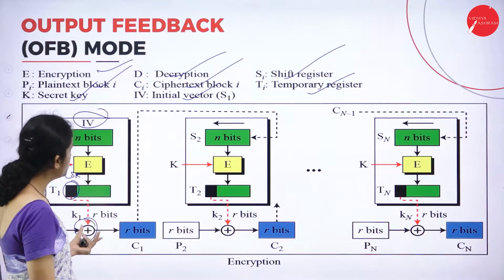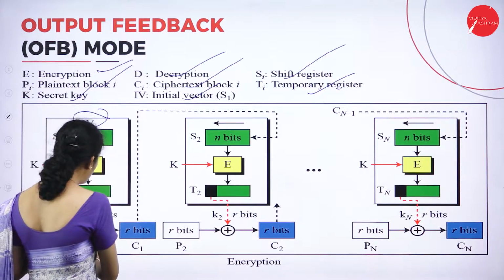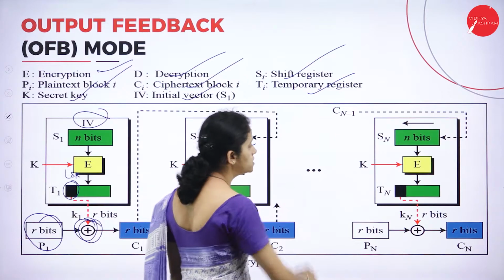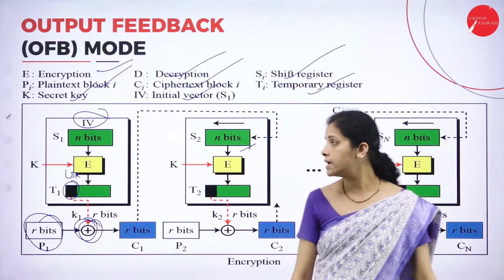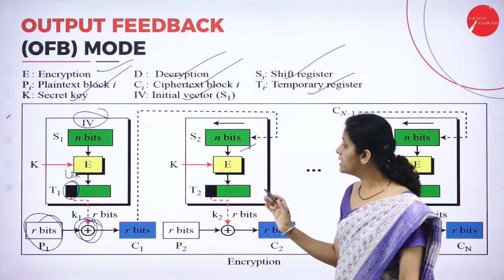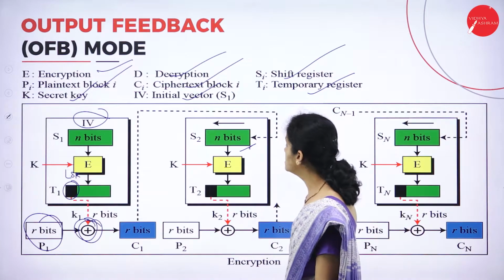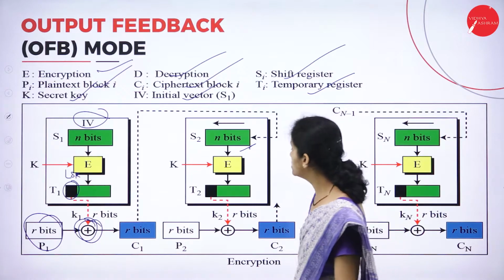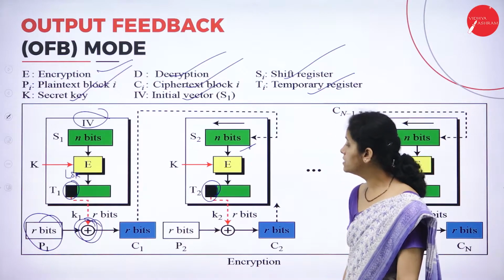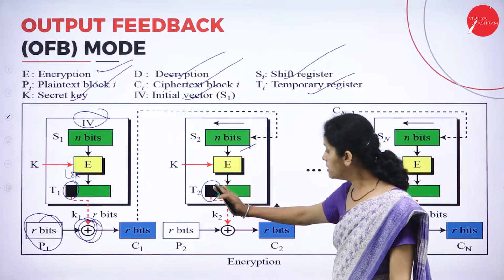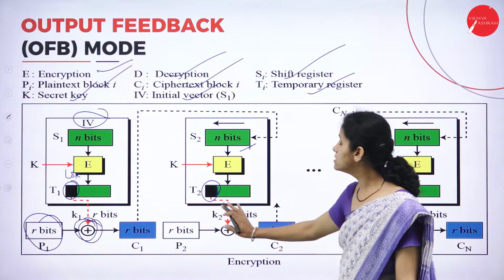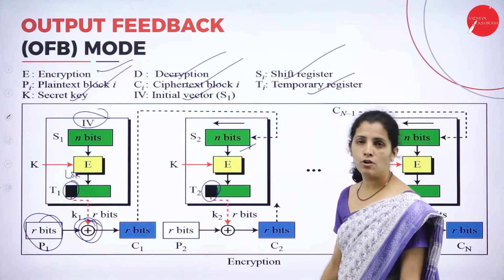Now, whatever output I get after performing the XOR operation, that is the input to the next block. So here once again I'm going to perform the encryption algorithm. The output is further divided into two parts, left shift register and right shift register, and I'm going to consider only the left shift register, and whatever output I get from the left shift register is the input to the XOR operation.